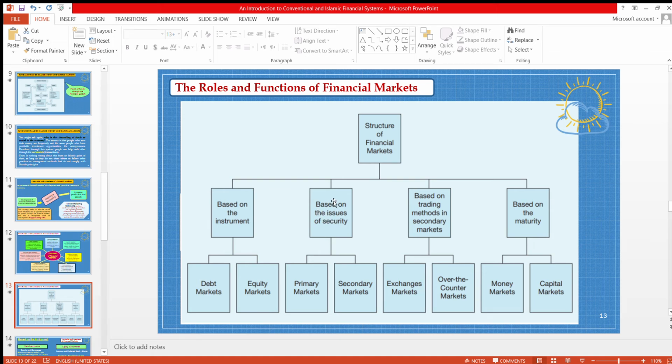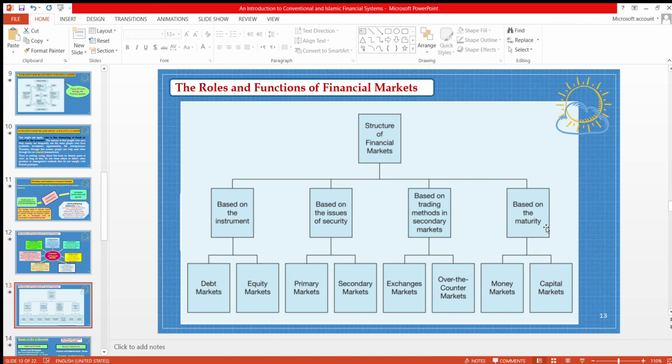And based on the issue of security, there are again two markets where securities are issued: one is the primary market and the other is the secondary market. Based on trading methods in the secondary markets, there are two types: exchange markets and over-the-counter markets.